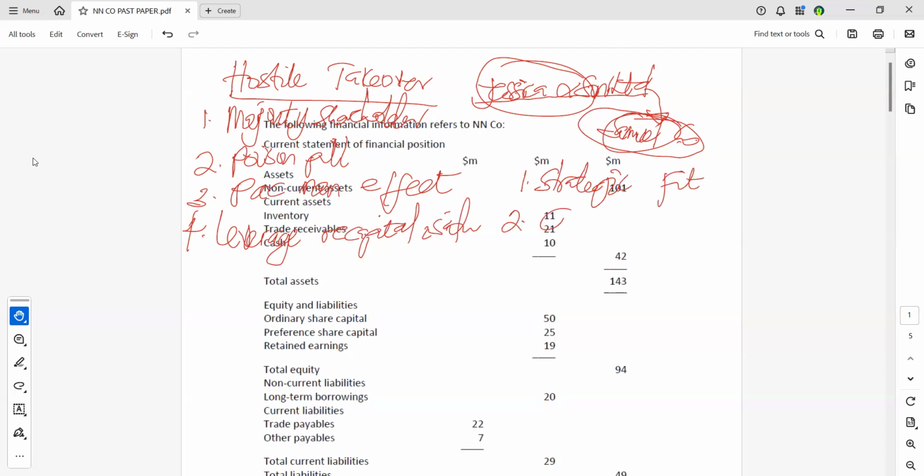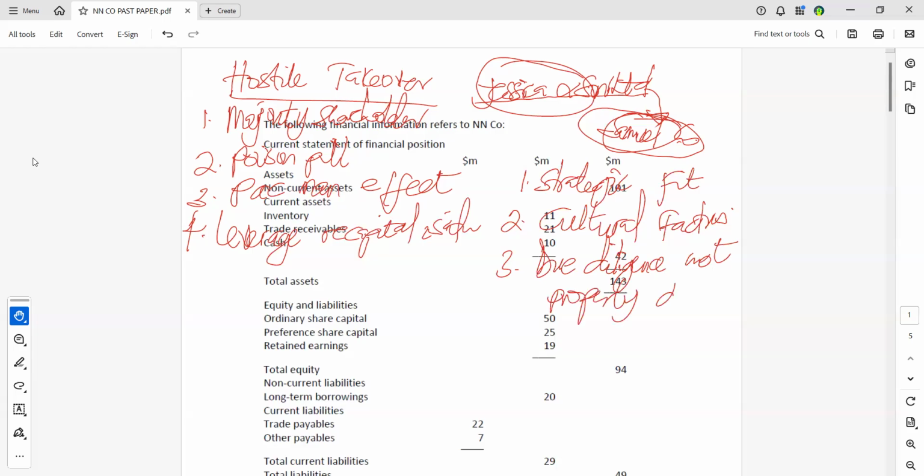We can talk about cultural factors. Then we can talk about due diligence review not properly done. I can talk about the next one, poor valuation.